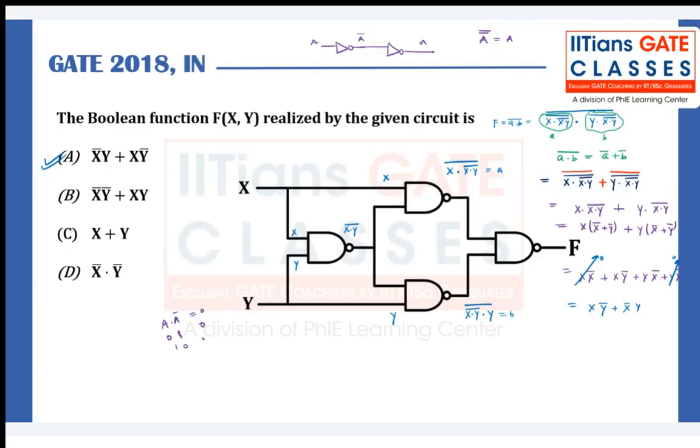Okay, very good. This De Morgan's theorem is very important. Without using De Morgan's theorem, this circuit is very difficult to solve. If you don't know how this XOR circuit looks, it will be difficult to solve this question.